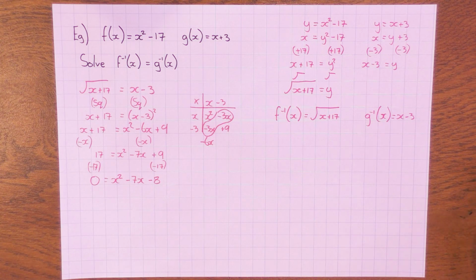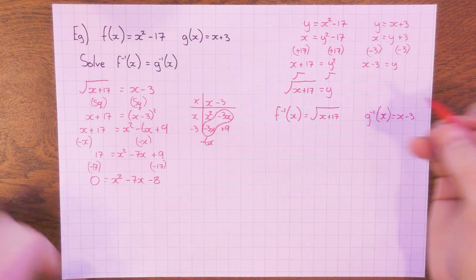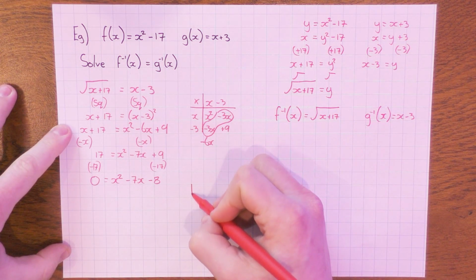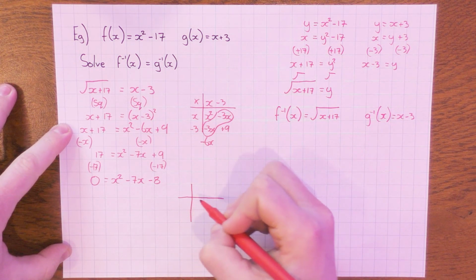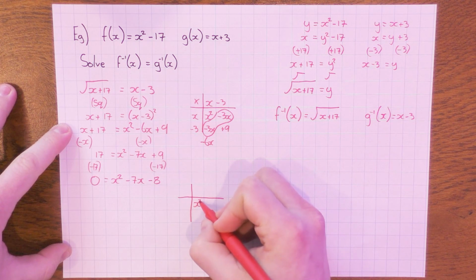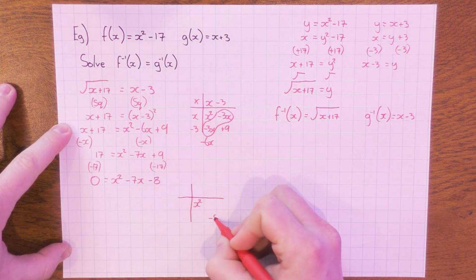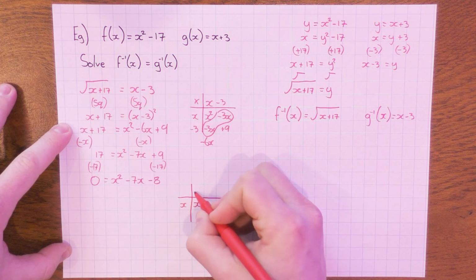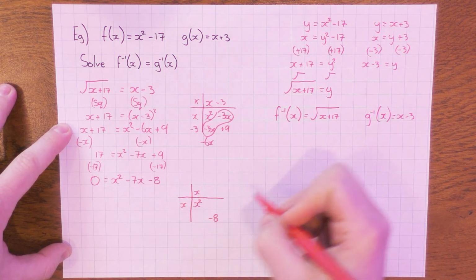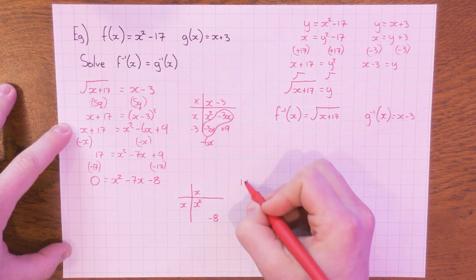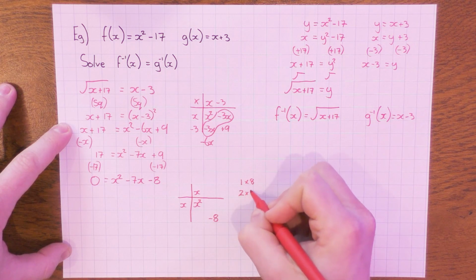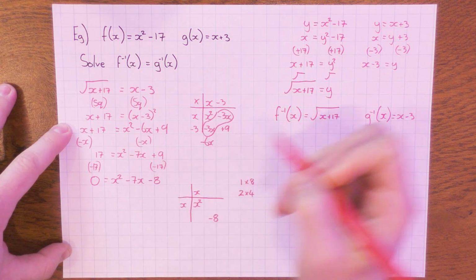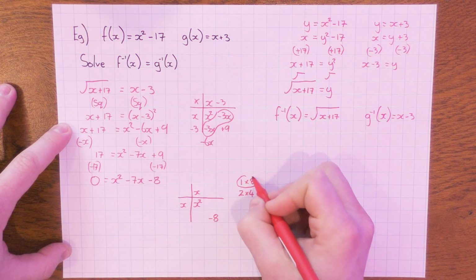Again, you could use the quadratic formula to solve that quadratic, or if it's non-calculator, you would factorize it. And again, this is non-calculator, so let's factorize it. So here's my grid. Always start with the same bit, x squared and my minus 8 there. Well, x times x gets me x squared. What numbers multiply to get 8? Well, I've got 1 times 8 and 2 times 4. Which pair can I use to give me a 7? 1 and 8 will get me a 7.